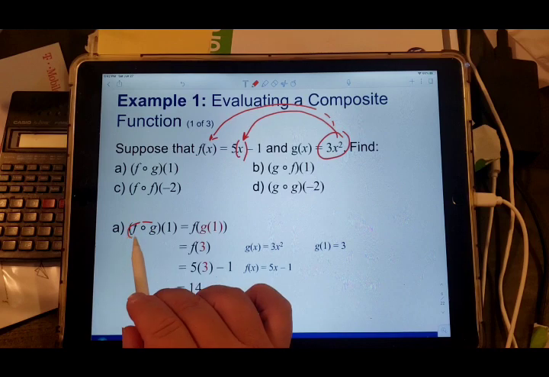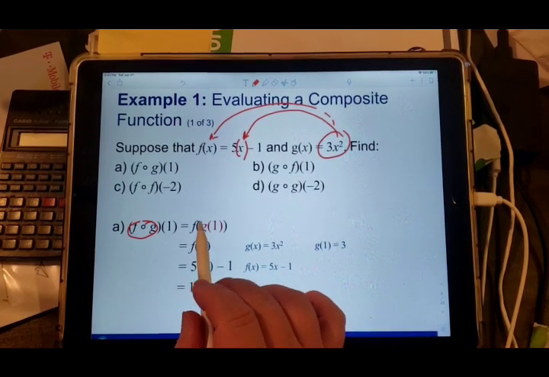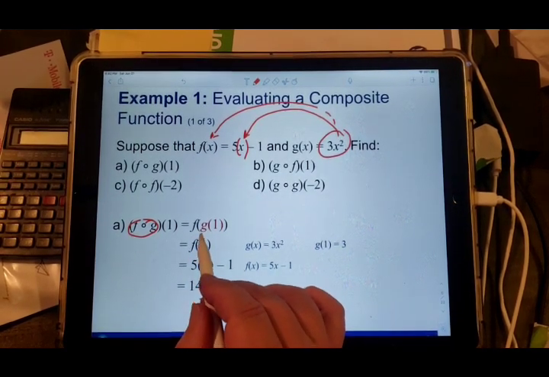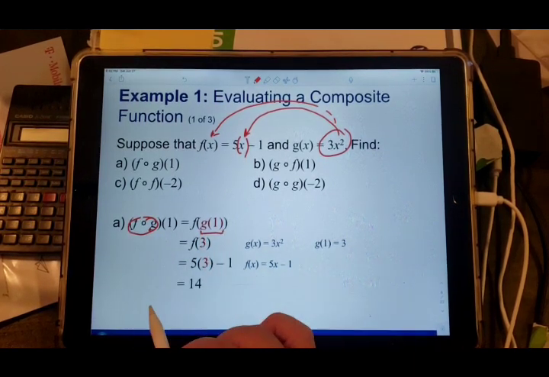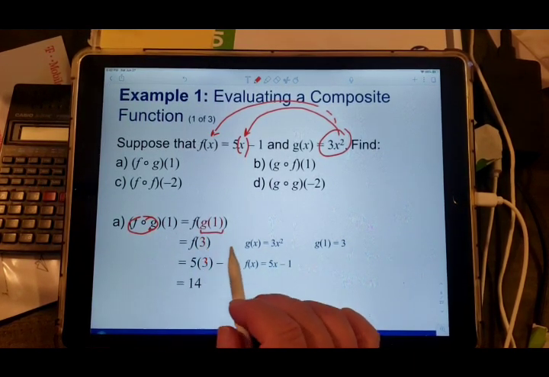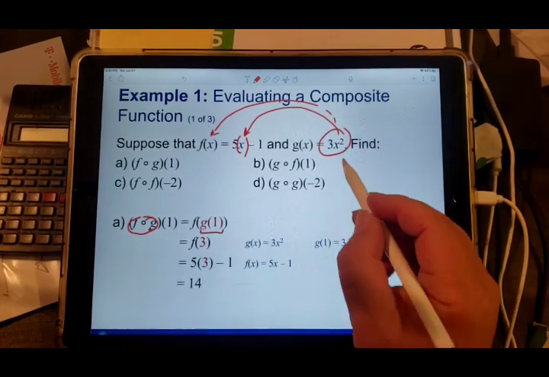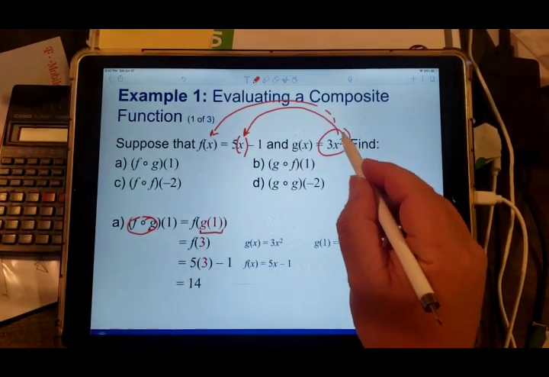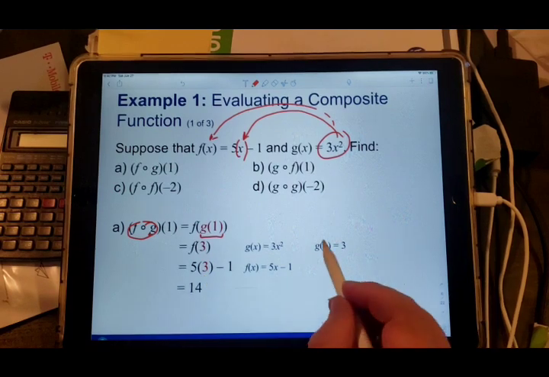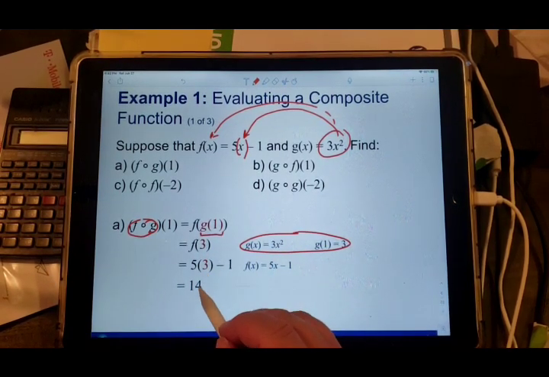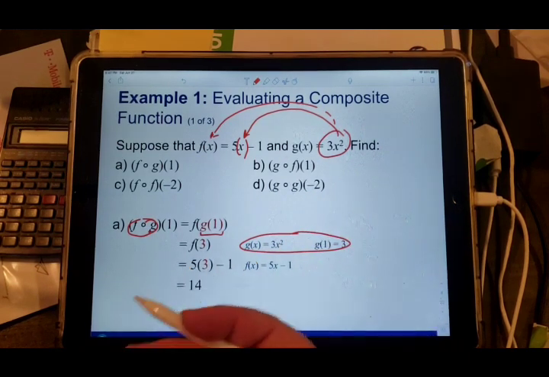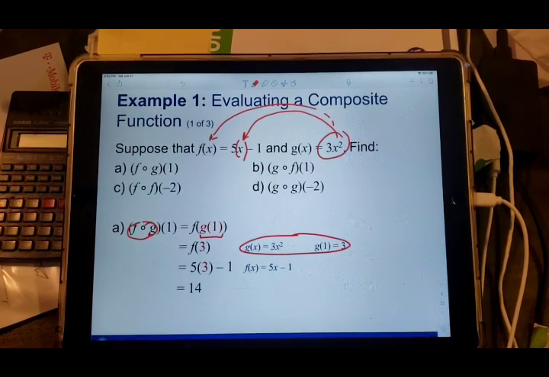Anytime you have this composition, you will write it this way, where you take the second function and put it inside. And then you have to calculate what g of 1 is. Well, g of 1 means you put a 1 in for this function, you get 3. I did it over here. And then keep on calculating. So it's kind of just an order of operations problem from there where you're substituting. But you have to substitute in order.